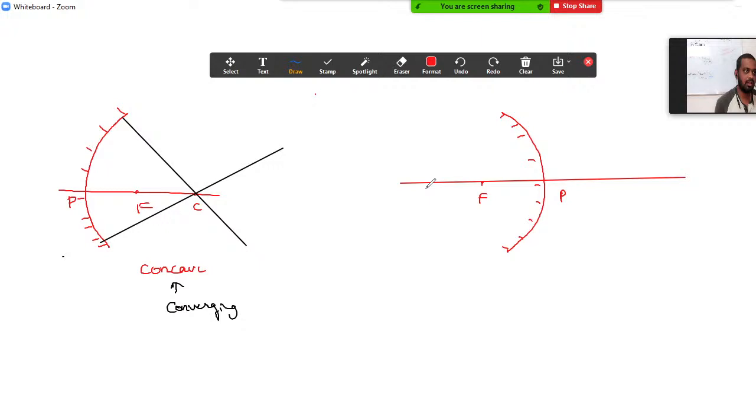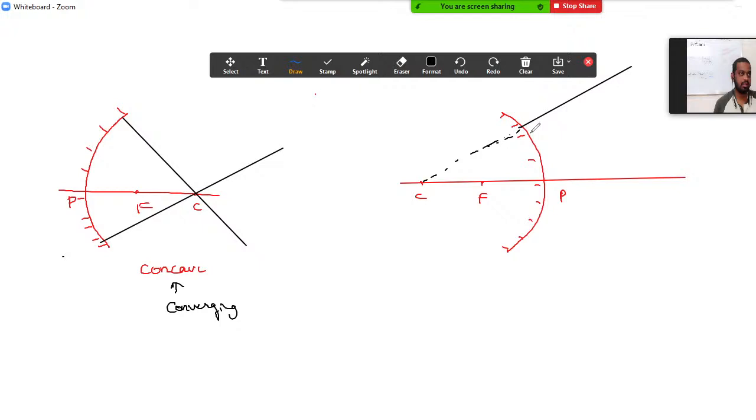See, if you have taken this normal and you extend the ray line, it will definitely pass through the center of curvature. Is it clear? So, in order to draw the normal, first we need to find the center of curvature.